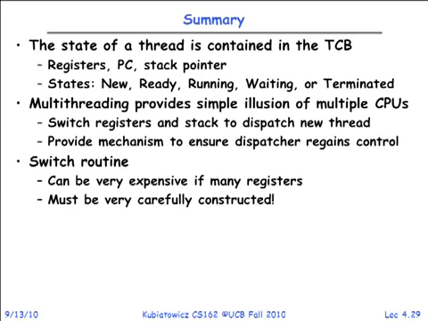So we could keep track of whether the code's doing any floating point at all and not save and restore floating point registers, and that could be a big savings. Okay? And we could do that by basically shutting off the floating point unit, and if you ever try to use it, you get a trap which then turns it back on and knows that the floating point registers are in use. So those are the kind of optimizations we might do because the switch routine is fundamentally at the center of the overhead of switching.